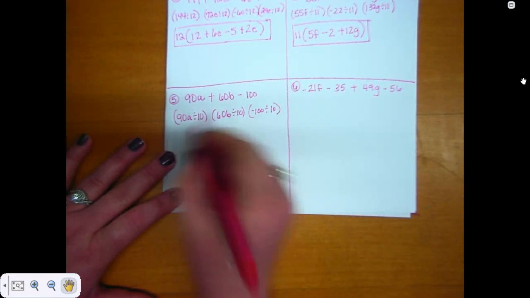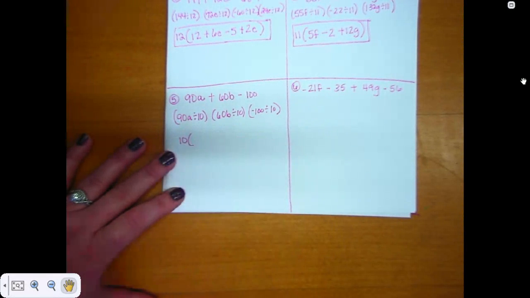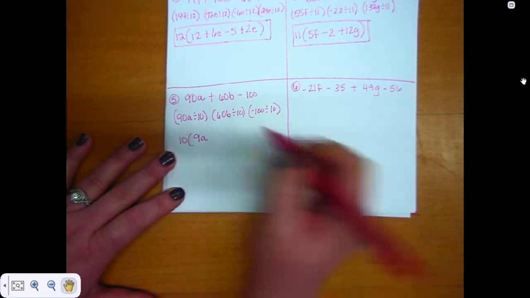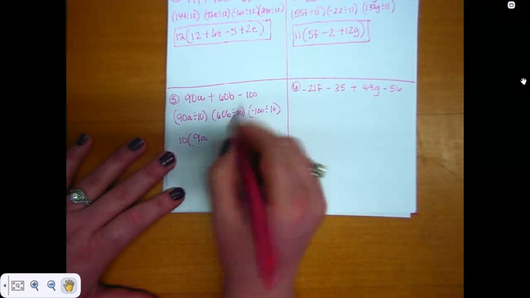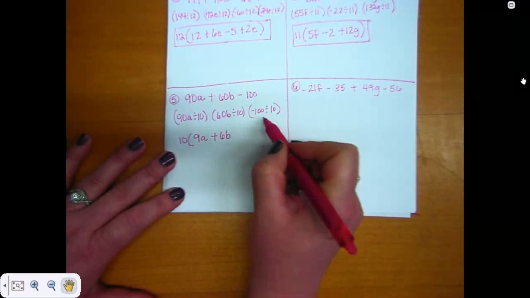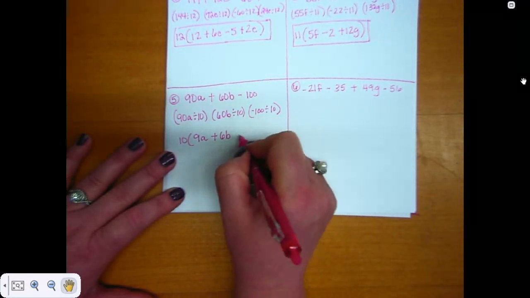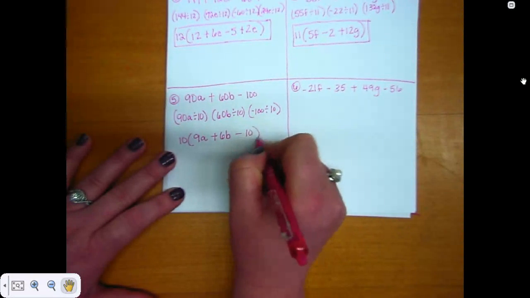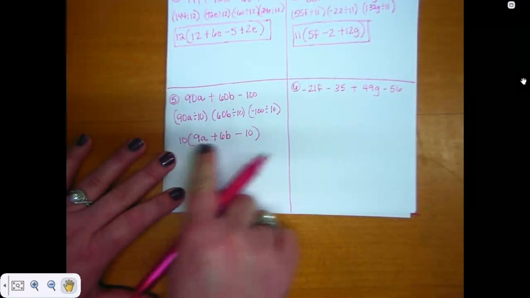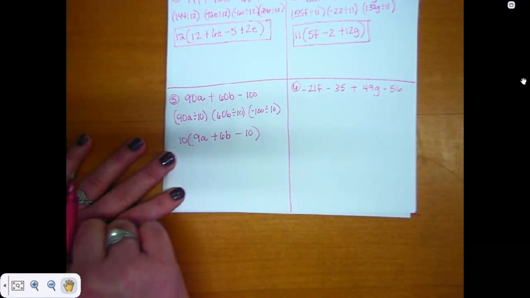Okay, my common factor goes on the outside. 90a divided by 10 is 9a. 60b divided by 10 is positive 6b. And negative 100 divided by 10 is negative 10. Don't forget to bring your signs so you'll have your operations in between.